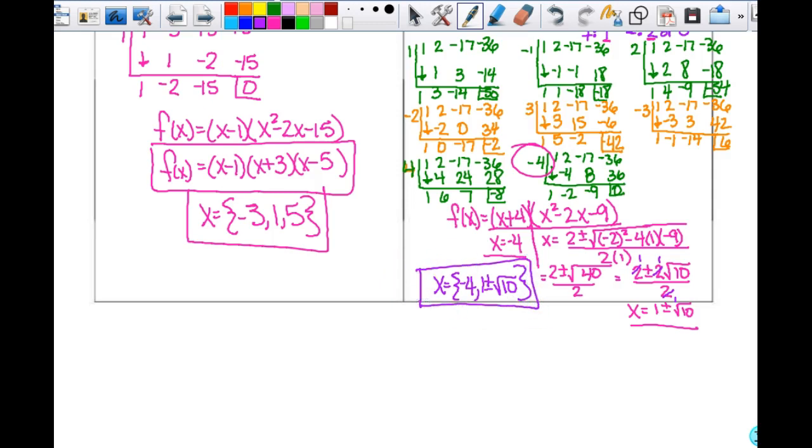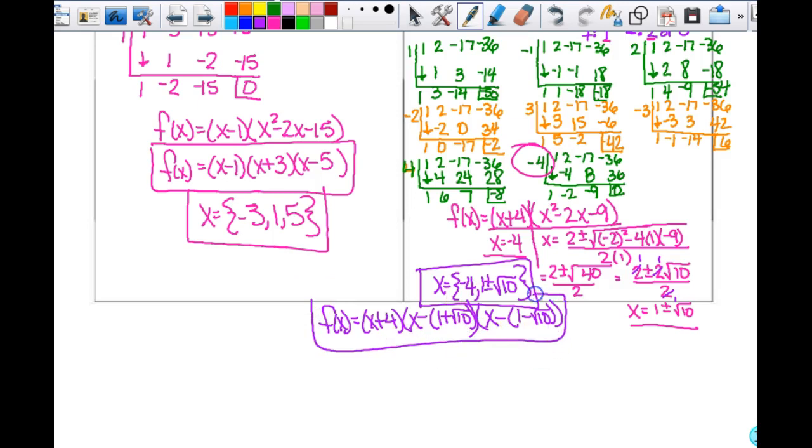And then my complete factorization, f of x equals x plus 4 times x minus the square root of 10 times x minus 1 minus the square root of 10. And there's my complete factorization.